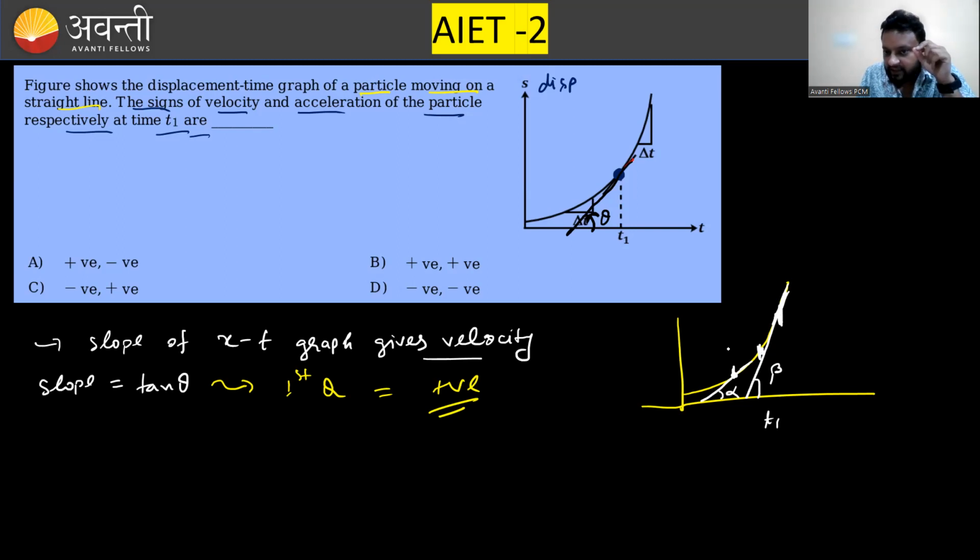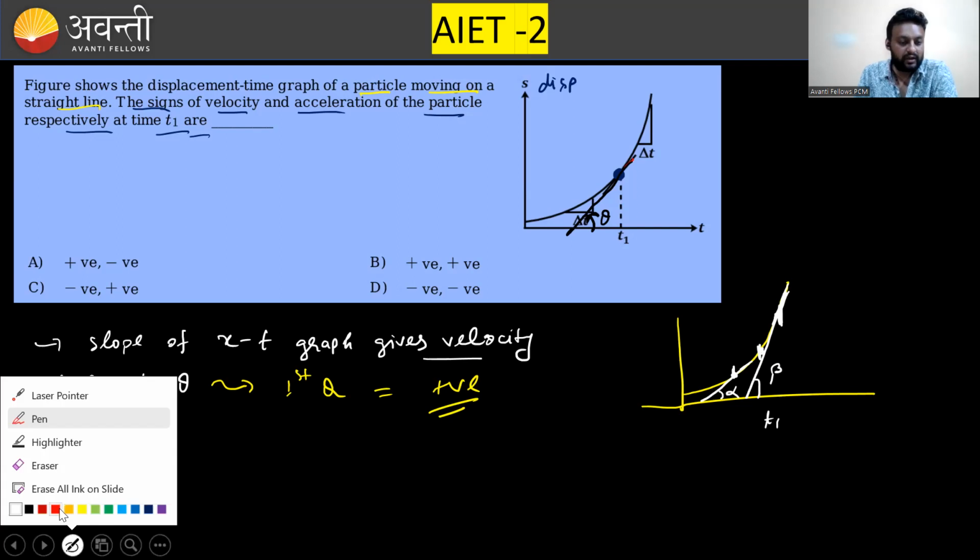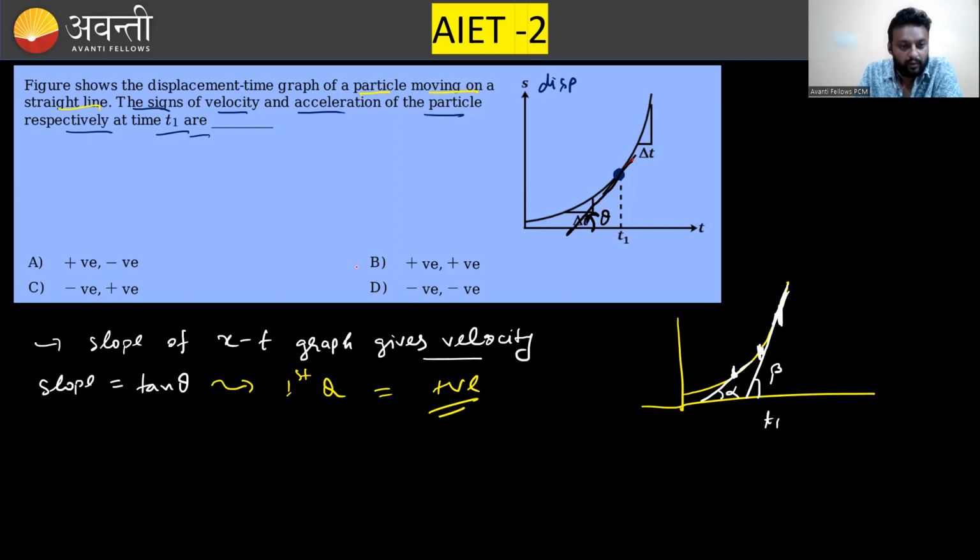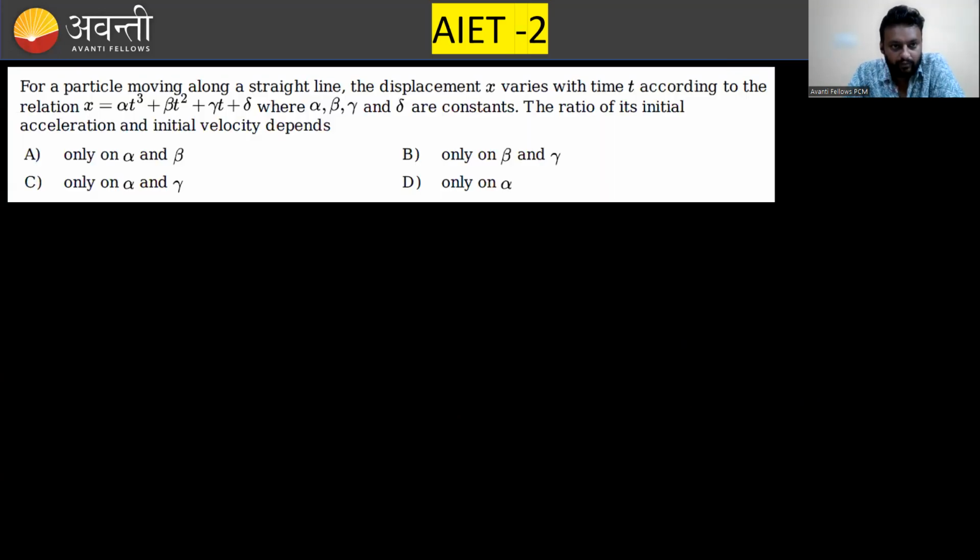Just after t1 and just before t1, you can see that slope is increasing, the velocity is increasing. That means the acceleration of the particle is also positive. So from this you can conclude that velocity is positive and acceleration is positive. That means both are positive. So option B is correct. Clear? Moving further to the next question.